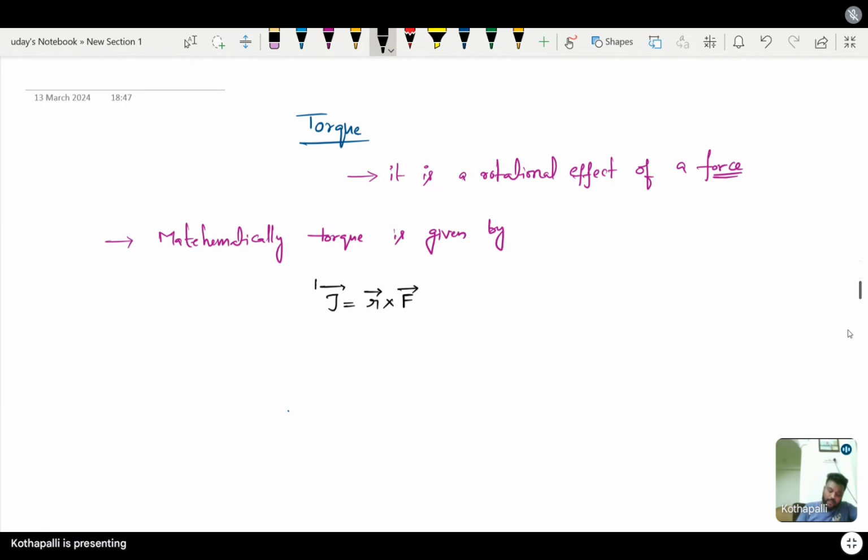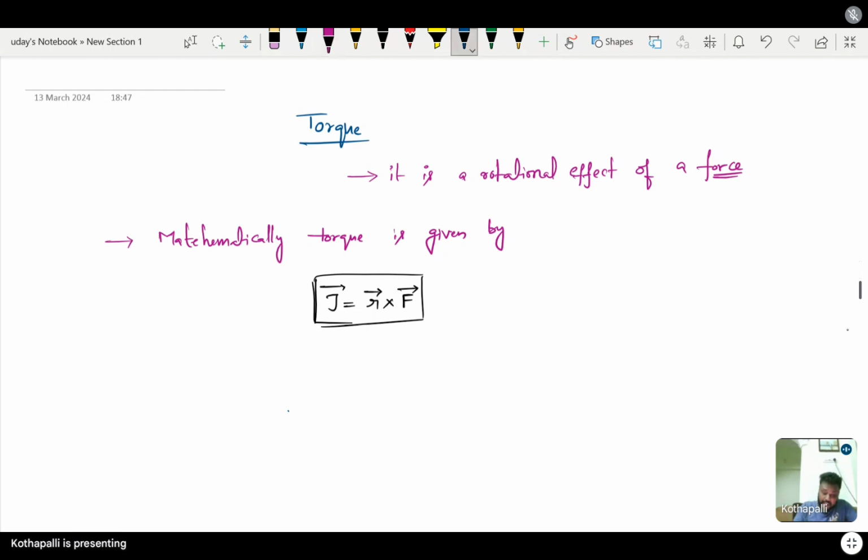Exactly like angular momentum, nothing more than that. As we discussed, angular momentum was r vector cross p vector, position vector cross linear momentum vector. In the same way, the rotational effect of a force is nothing but position vector cross force vector.